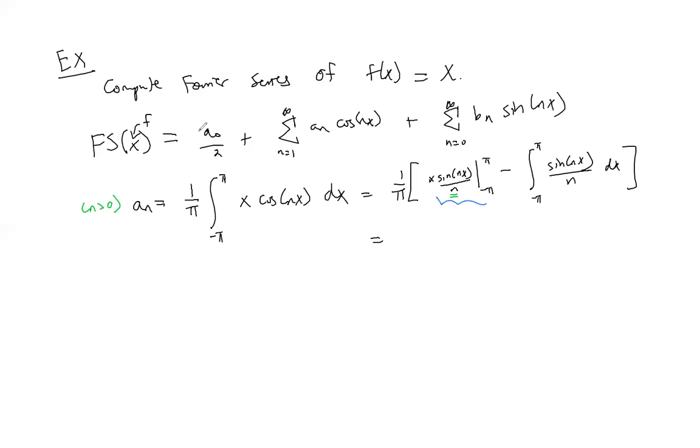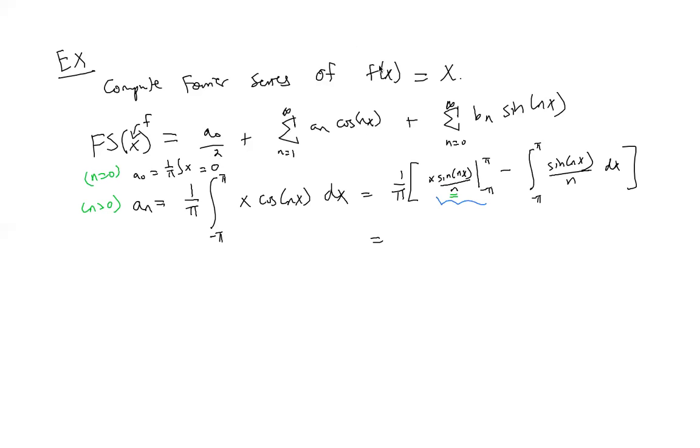It's always nice to do the n equals 0 case separately, so you don't accidentally divide by 0. A0 is 1 over pi integral of x, which is 0.